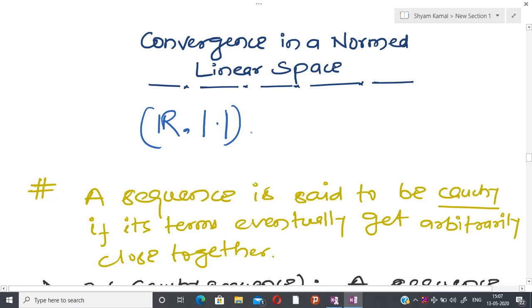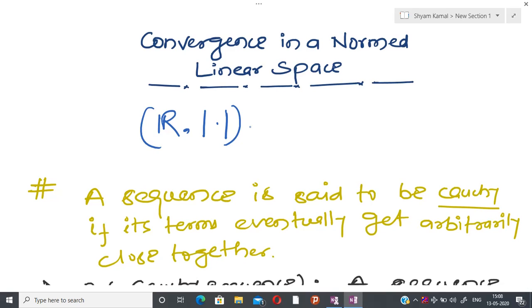And for that, in order to define the convergence, I need the information of the limit of that particular sequence.